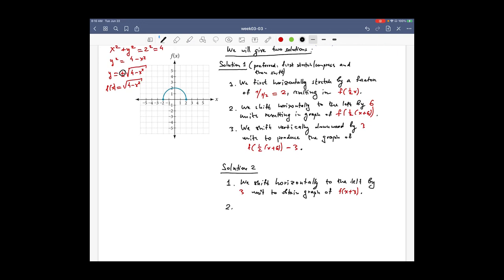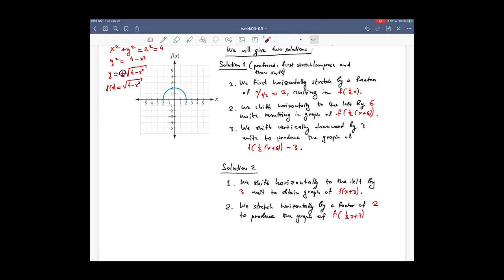Now we stretch horizontally by a factor of 2 to produce the graph of f of 1/2 x plus 3.